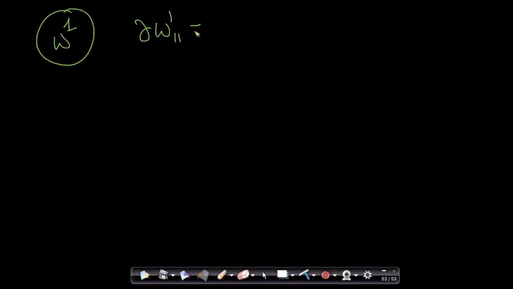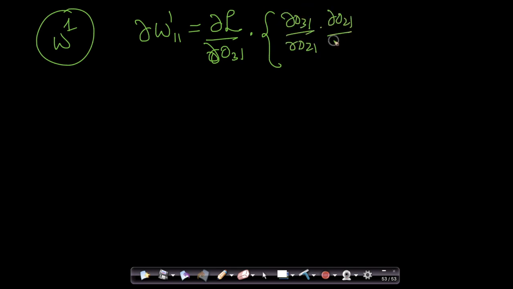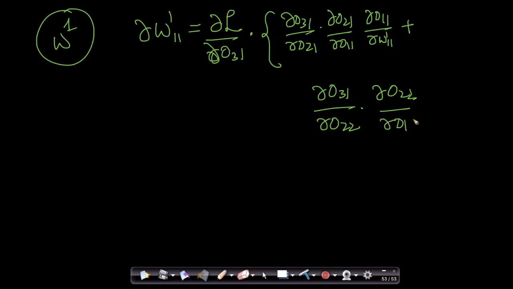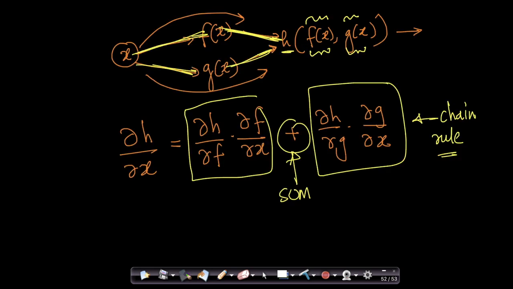The derivative of the loss with respect to W111 is equal to the derivative of loss with respect to O31 multiplied by the derivative of O31 by O21, and O21 by O11, and O11 by W111, plus the derivative of O31 by O22, and O22 by O11, and O11 by W111. This is a slightly complex one, and you have this summation because there are two paths, right?